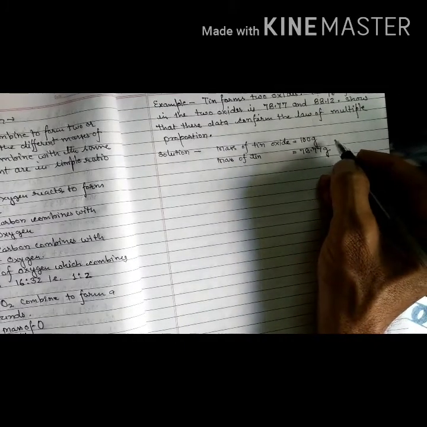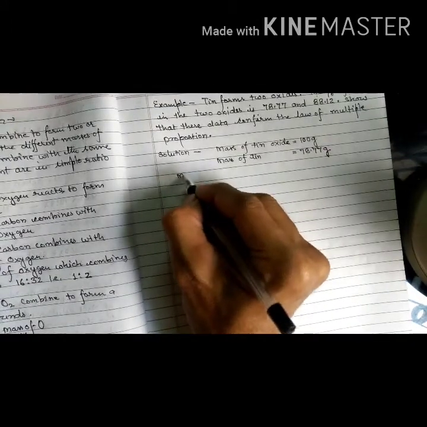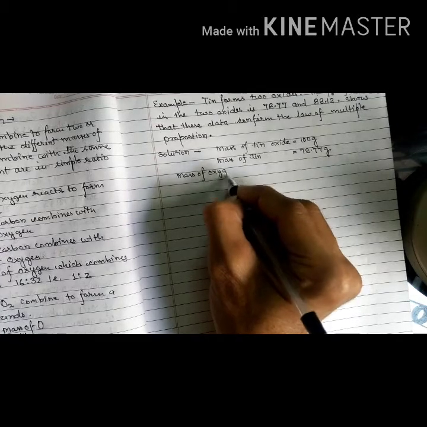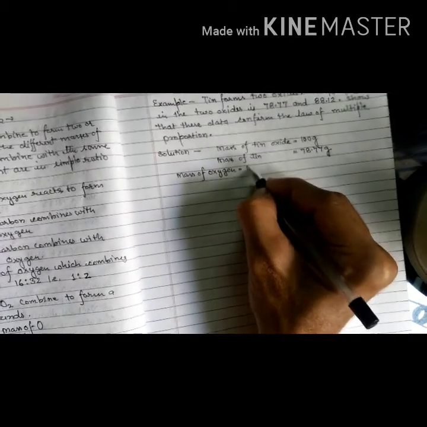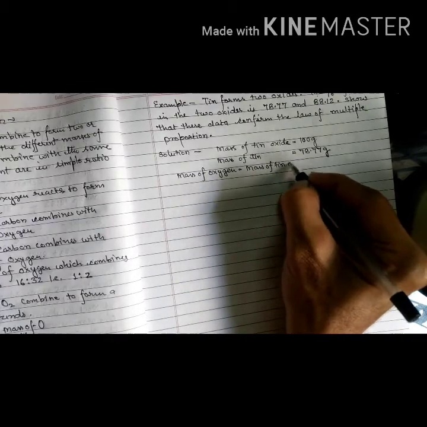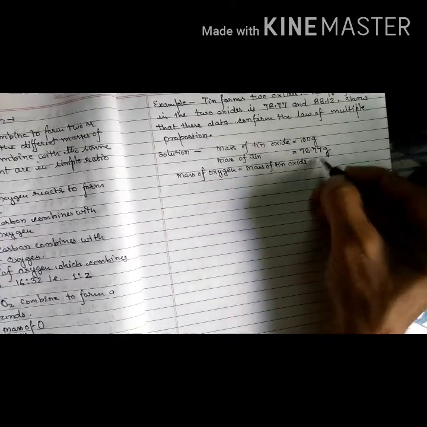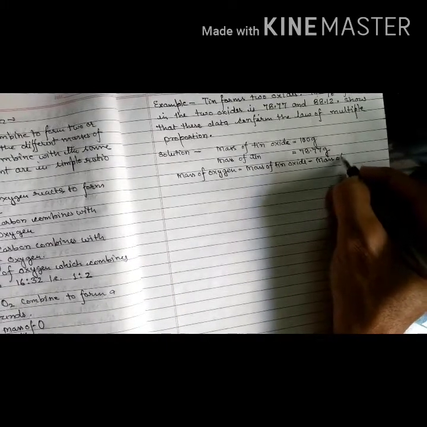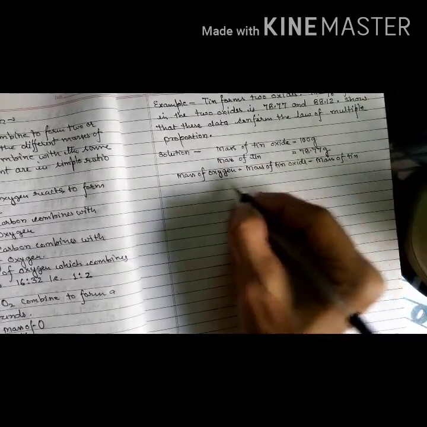We have to find out the mass of oxygen. Mass of oxygen is equal to mass of tin oxide minus mass of tin.